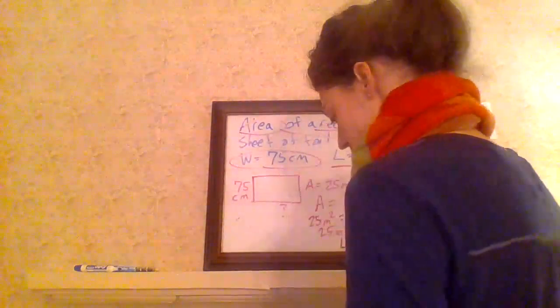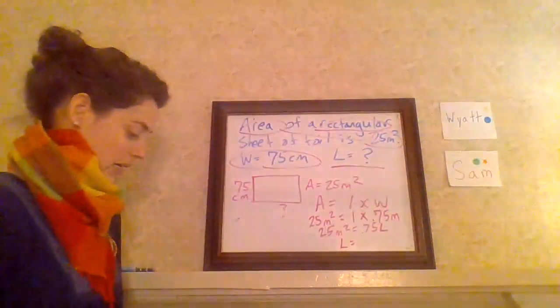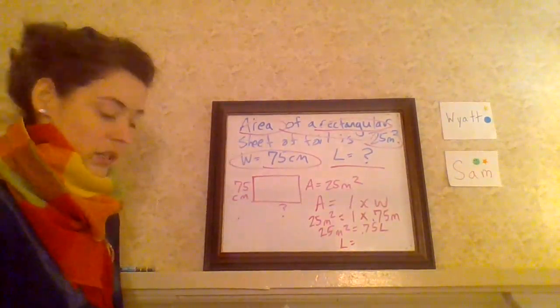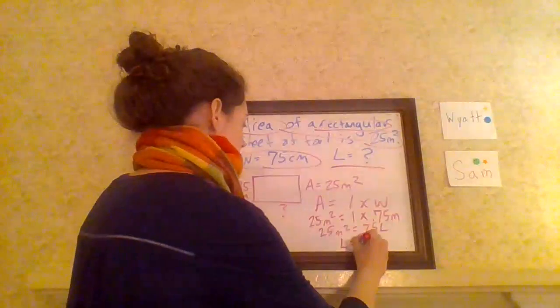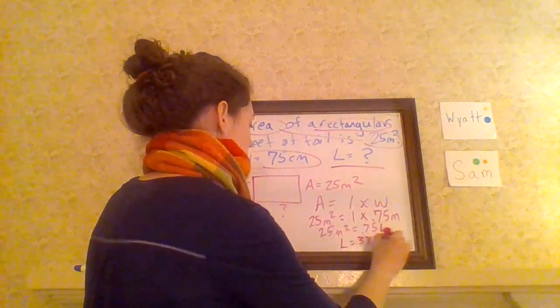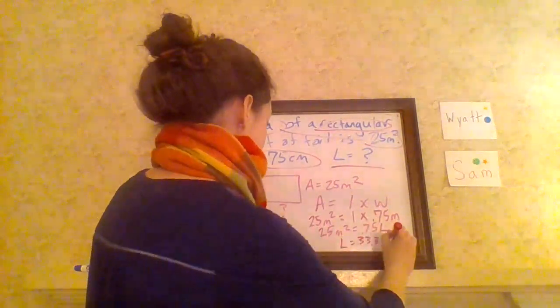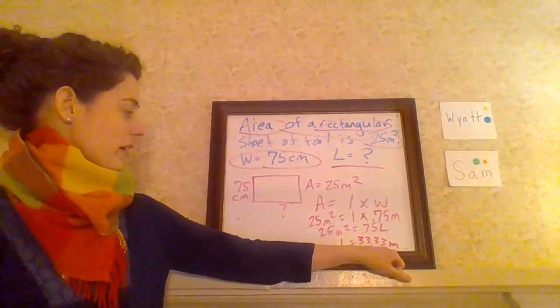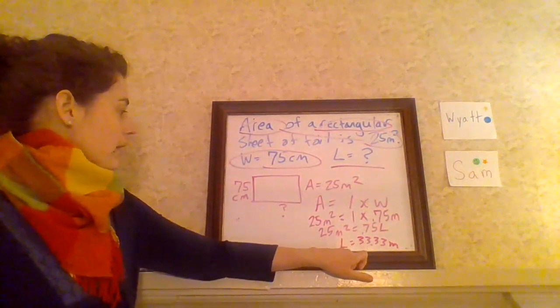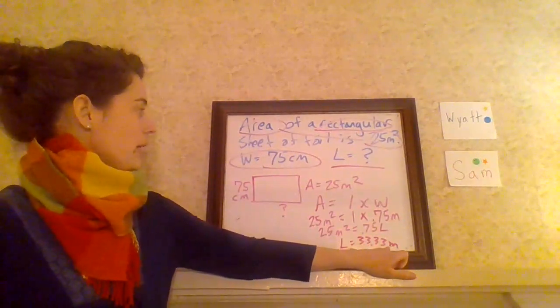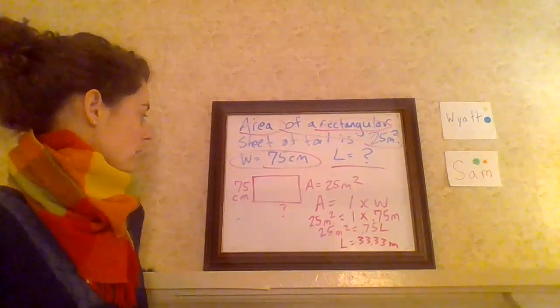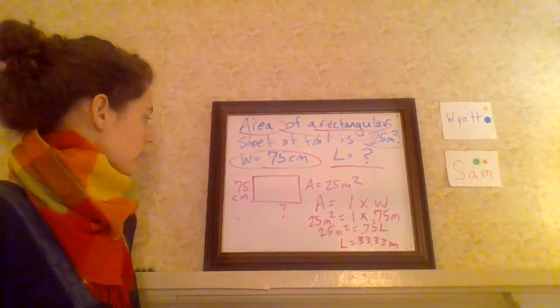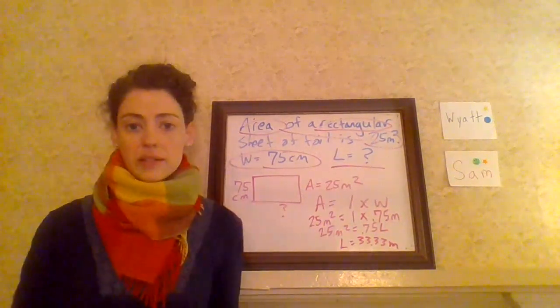If you try that, what you're going to find on your calculator is 33.33 meters. Those 3's keep repeating, so you can stop it there. So the length is 33.33 meters, and that's that question.